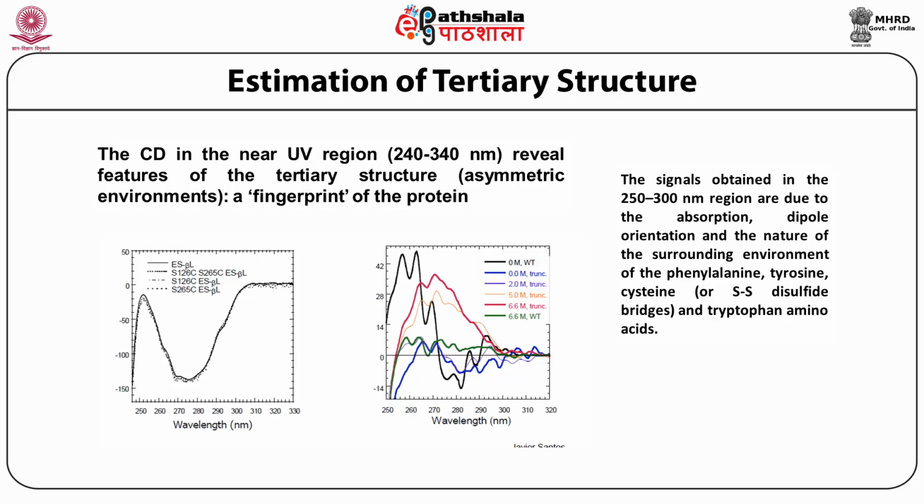You can see here the tertiary structure of some protein, and it also helps to determine changes in the structure by changing the concentration or the atomic environment of the molecule. The signal obtained at 252 nanometer is due to the absorption dipole orientation and the nature of the surrounding environment of the phenylalanine, tyrosine, cysteine, disulfide bond, and tryptophan amino acids.